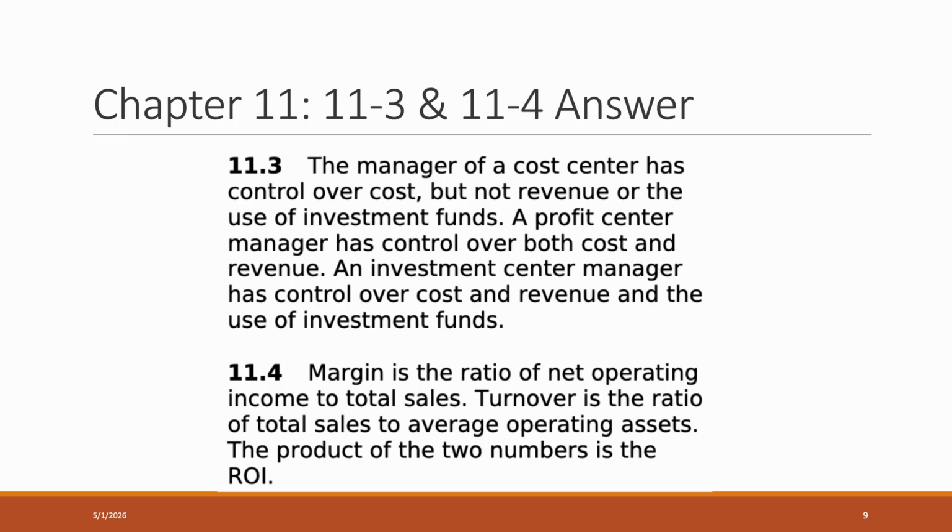So think about the difference between the three is that they kind of build on each other in terms of what the managers can do. So in the first one, the manager of a cost center only has control over the cost. Then the profit center, they have control over the cost and revenue. And then finally, investment center, it's control over cost and revenue and the use of investment funds.